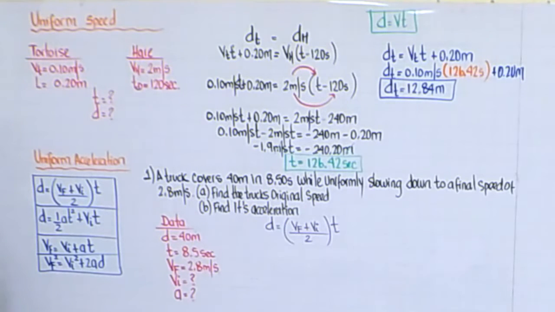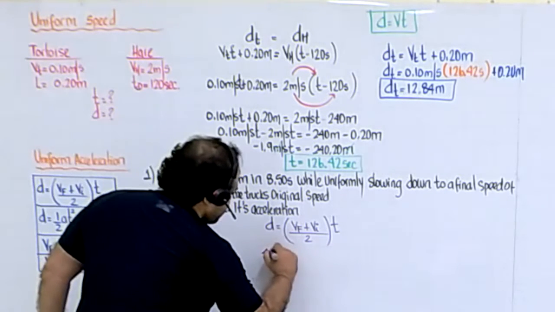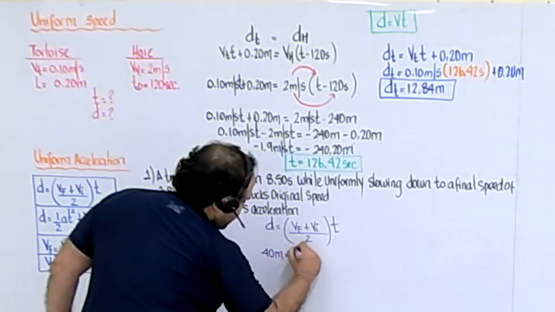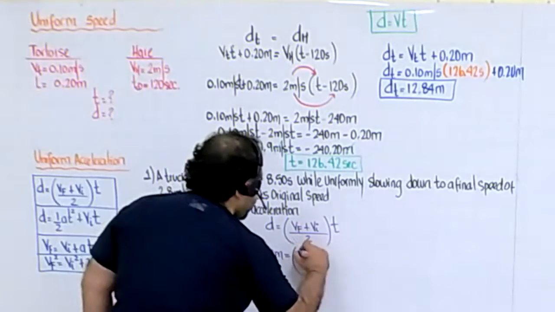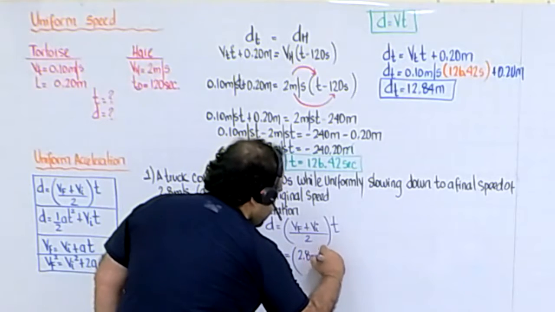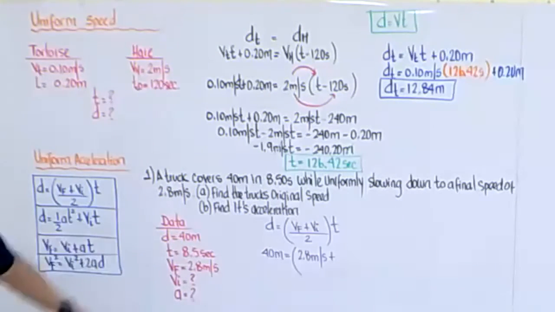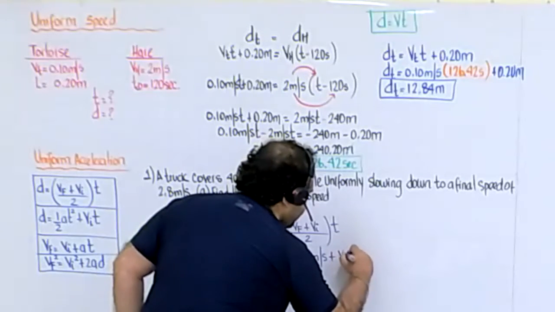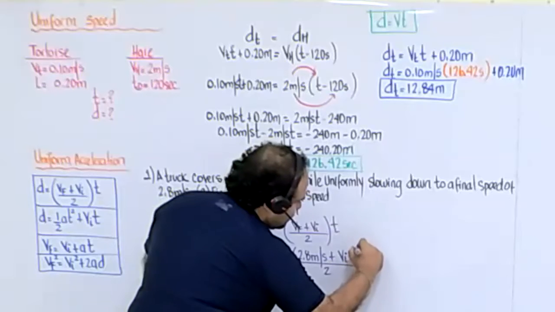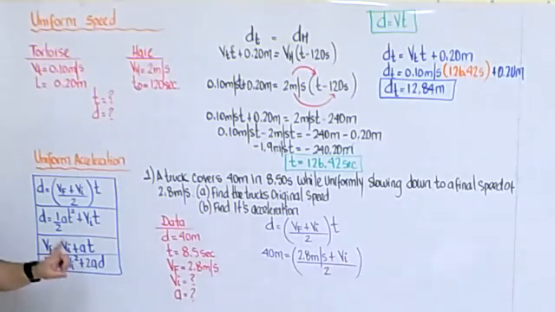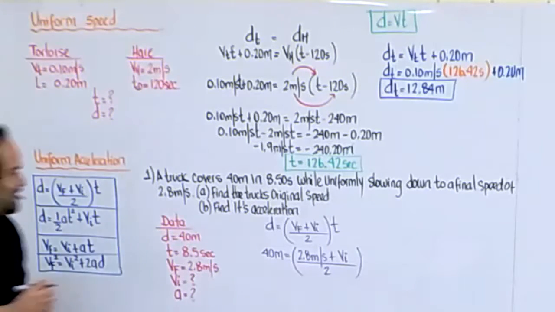Now, let's replace, instead of writing distance, 40 meters equals, open parenthesis, final velocity 2.8 meters per second plus, what is the value of initial velocity? No idea. So we're going to write initial velocity divided by 2, close parenthesis, and instead of writing time, the time is 8.5 seconds.